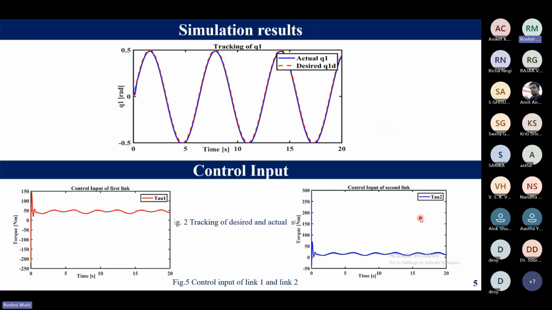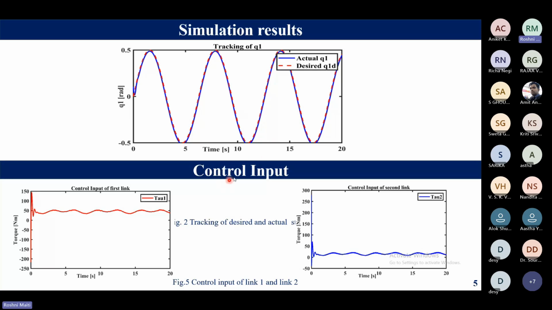And for that one, we have the results, where we can see its tracking values given here, where this blue line is the actual one, and this red line is the desired one, which is given over here.